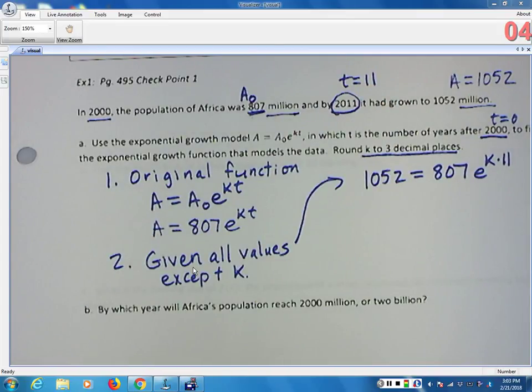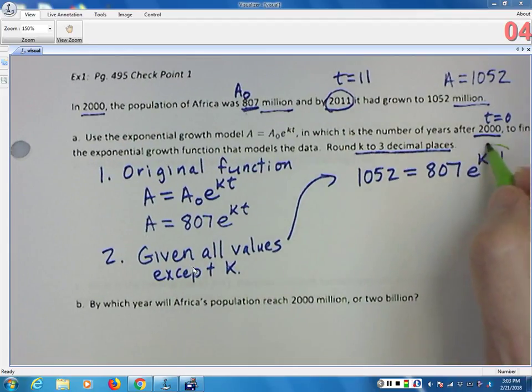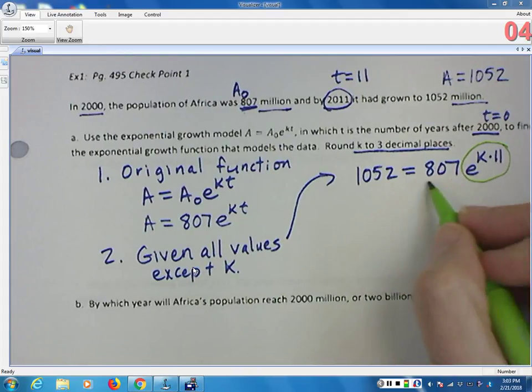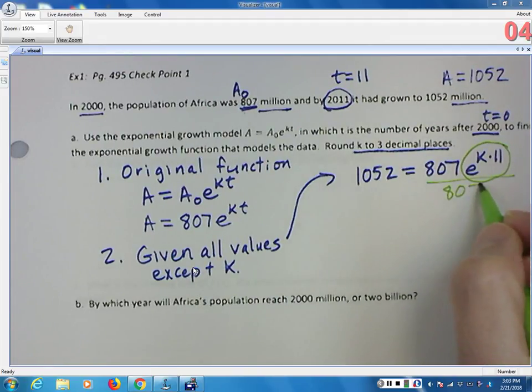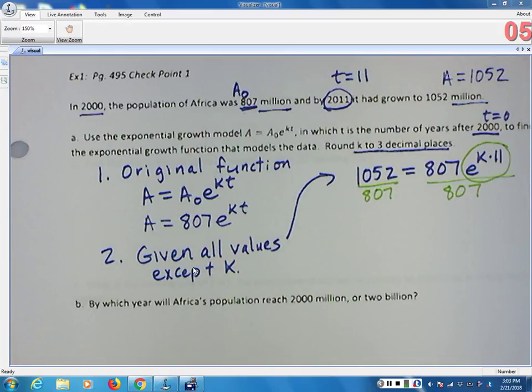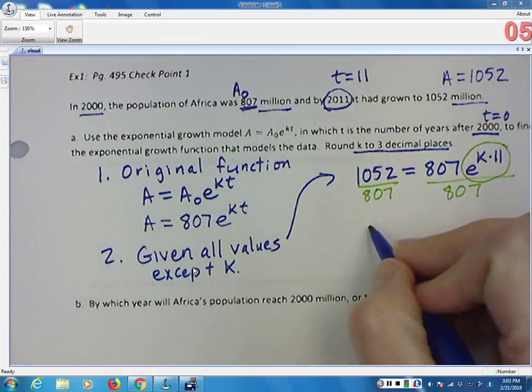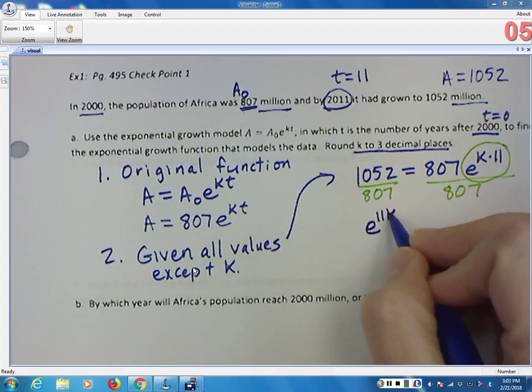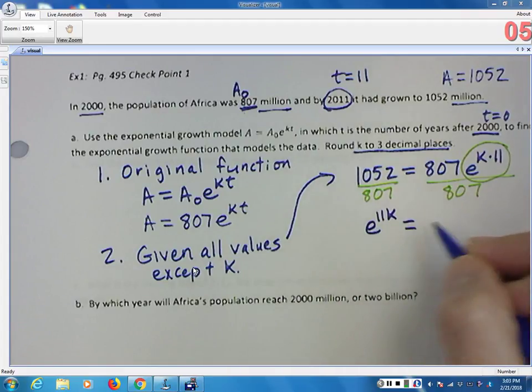Now we can solve this just like we did the other equations. We're going to isolate this part, so we're going to divide by 807. We're multiplying by 807, so we divide by 807. Now I just want to write e to the 11k over here equals, and I'm going to leave space for natural log.